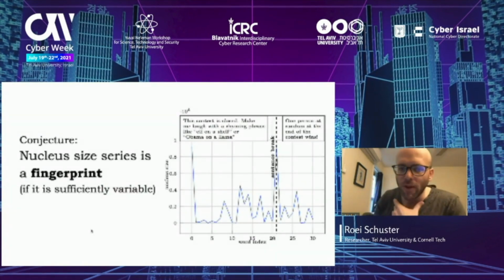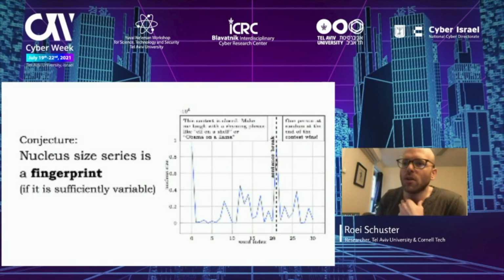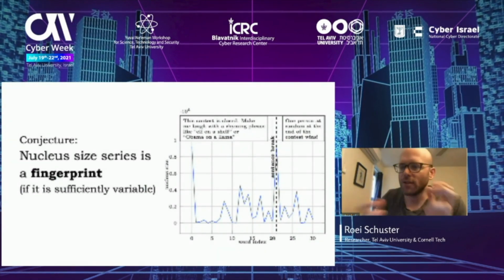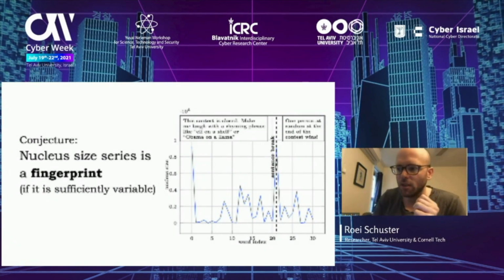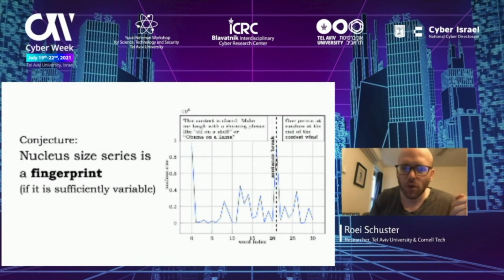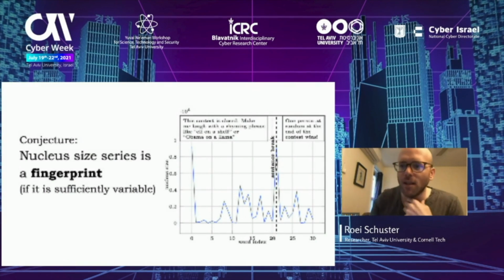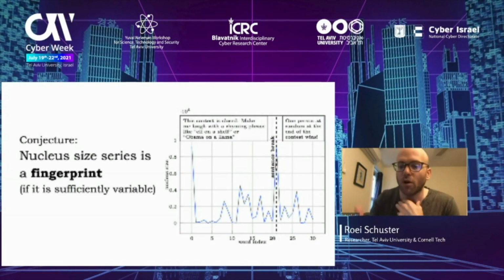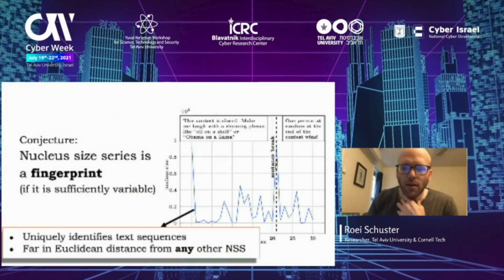And we found that when we use nucleus sampling, there is a nucleus size element in that algorithm, and the series of nucleus sizes is actually uniquely identifying for the text that we are generating or auto-completing. And why is this bad?